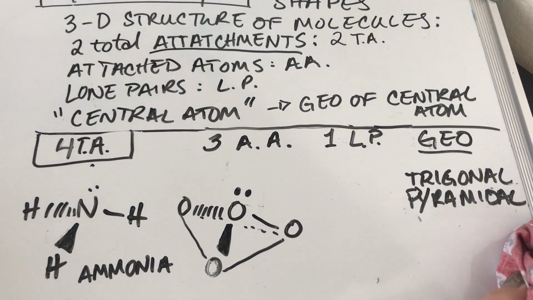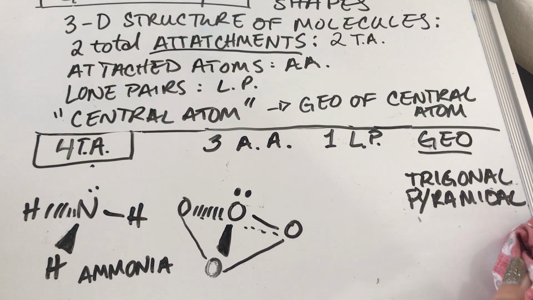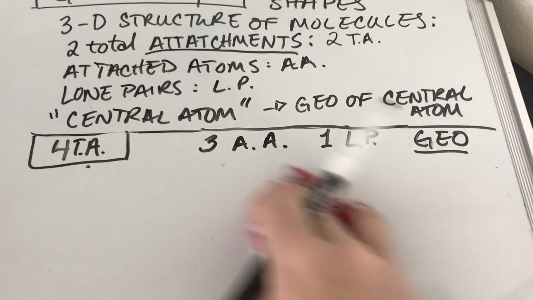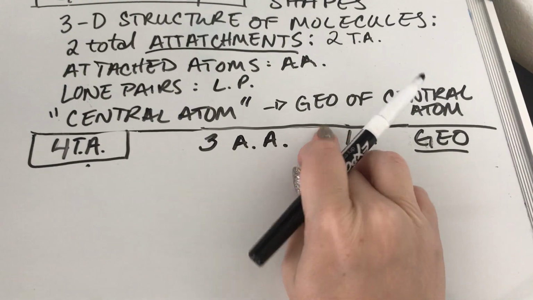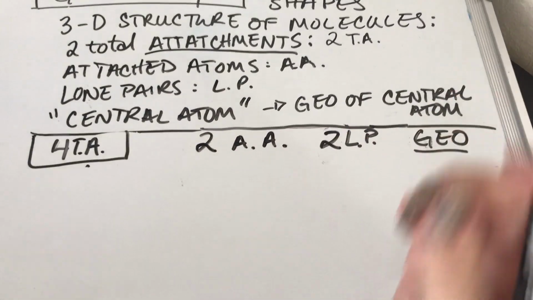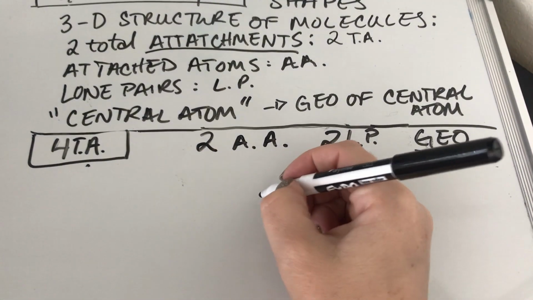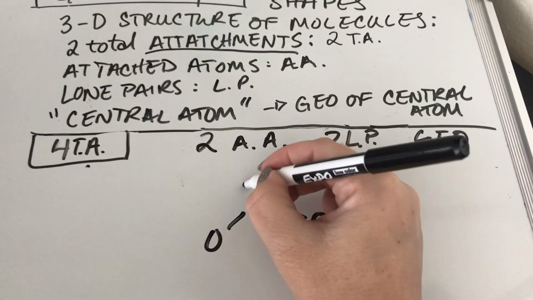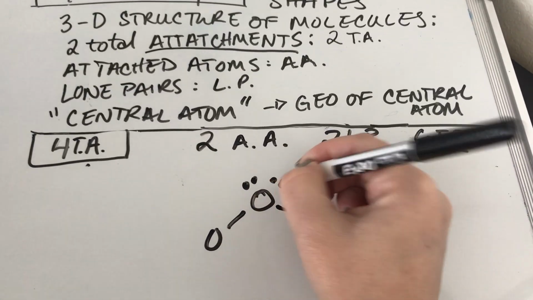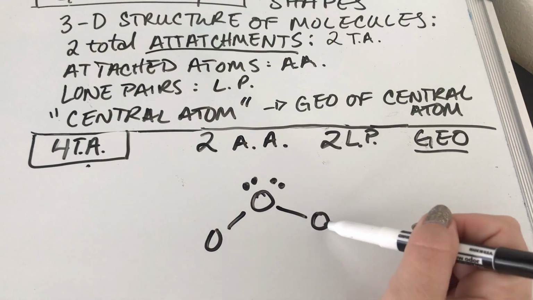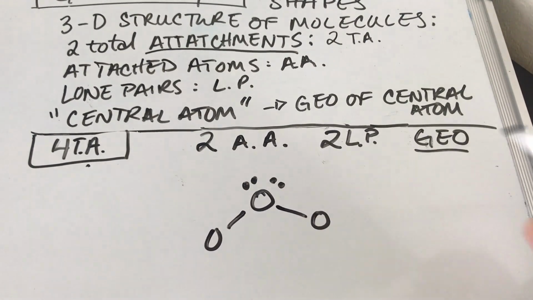Okay. May I erase? We're okay? Yeah? Okay. So, next up, we will have 2 attached atoms and 2 lone pairs. So here again, the central atom has 2 attached atoms, 2 lone pairs.